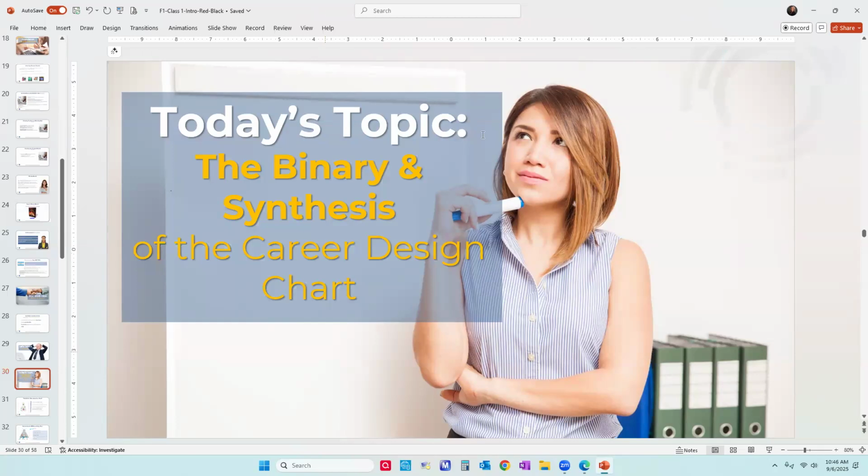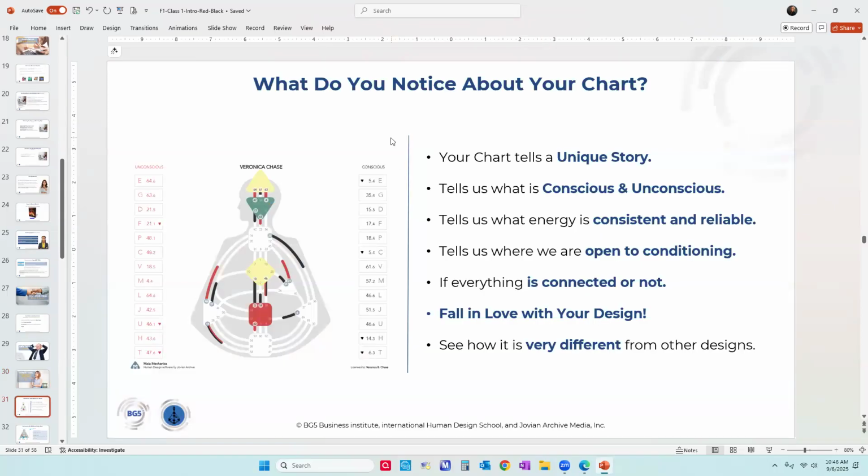So this subject area is about the binary and synthesis of the career design chart. And this is where we start. So what do we notice about a chart? We can know that the chart absolutely tells us a unique story. That is for sure.